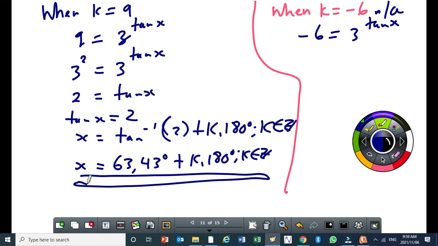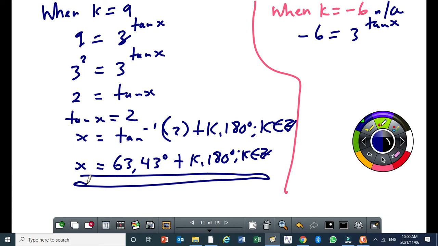The question was saying, determine the general solution. A general solution is an equation. You know that a general solution is an equation? You must know. So you stop there. If the question was saying, determine the value of x, that's when you start substituting k equal to 1, k equal to 0, k equal to 2.